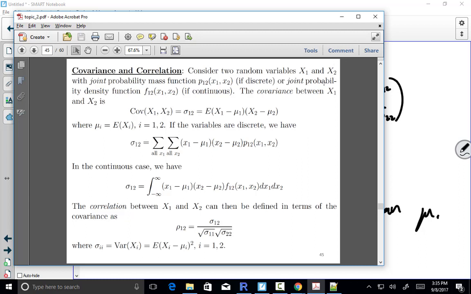If x1 and x2 are two random variables, then there is what's called a joint probability function. Whereas the probability function from the previous slide, for every possible value of x, you could plug that in and it would give you a probability, a joint probability function is going to give us probabilities for pairs in this case. You tell me the pair x1 and x2 and it will return to you a probability.